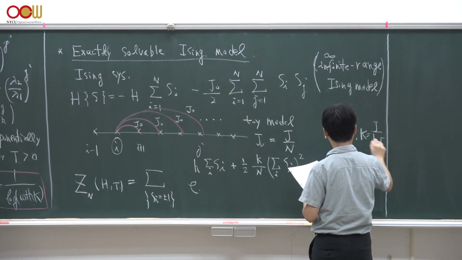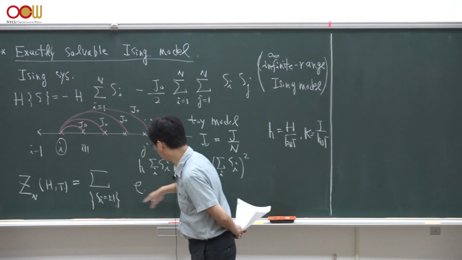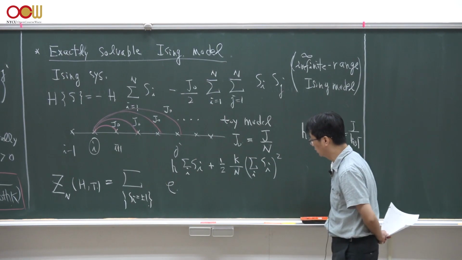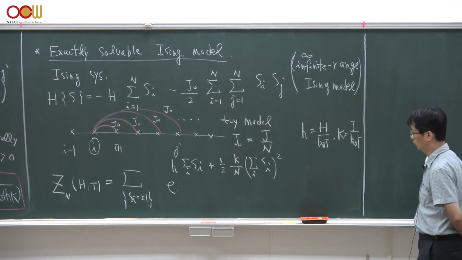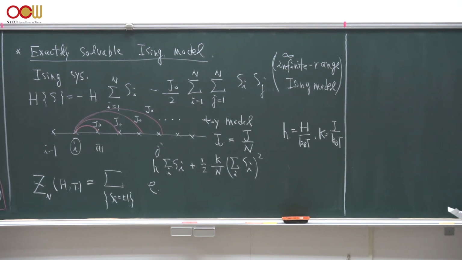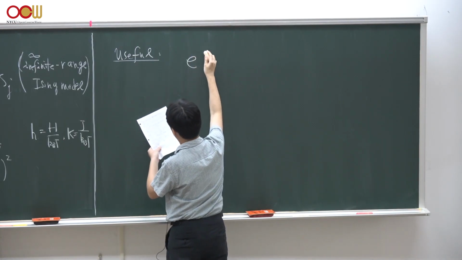Again, we define these dimensionless couplings: H, which is a reduced magnetic field, and K, which is the dimensionless Ising coupling. The following job is to carry out this summation of S_i for this exponential term. But we could take advantage of a Gaussian integral, which is this identity here.